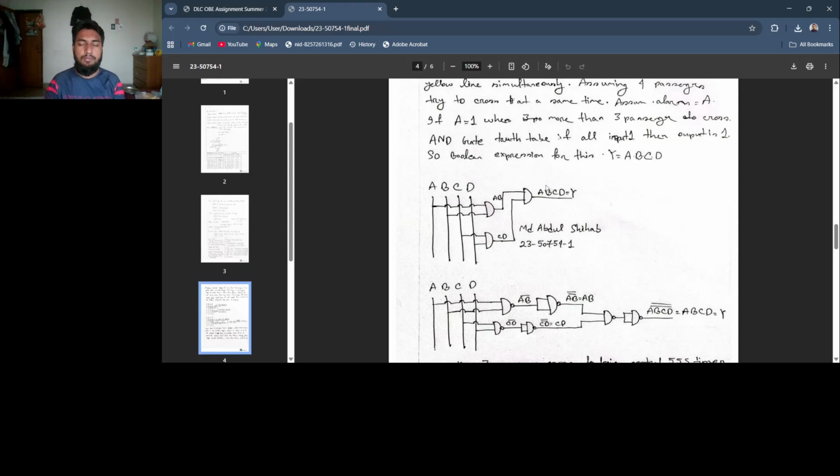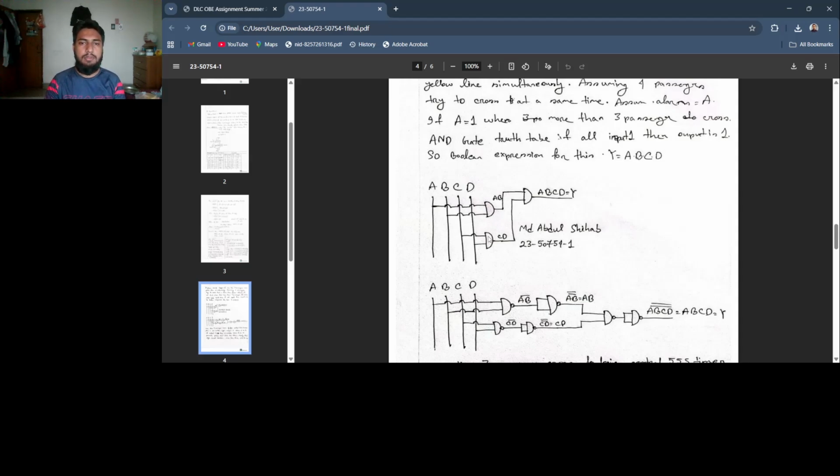Now I make a Boolean expression with a logic circuit. I assume y for my output, y equals a dot b dot c dot d. First of all, I take two inputs a and b, and then I add an AND gate, and my output is AB, and CD.